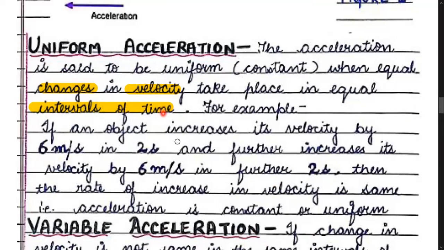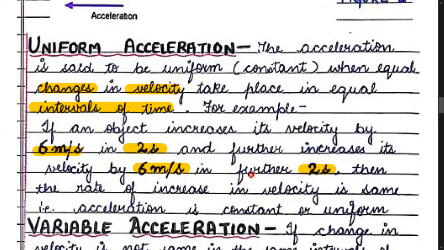For example, if an object increases its velocity by 6 meters per second in 2 seconds and further increases its velocity by 6 meters per second in further 2 seconds, then what is happening here?